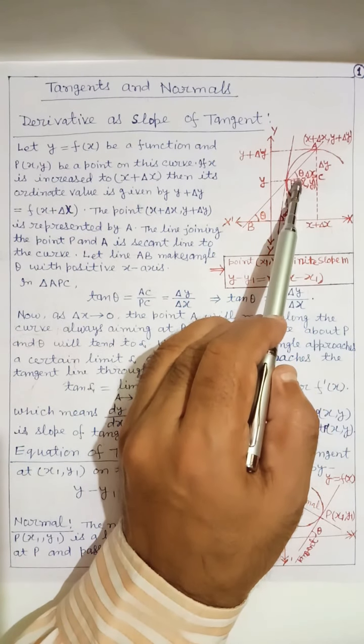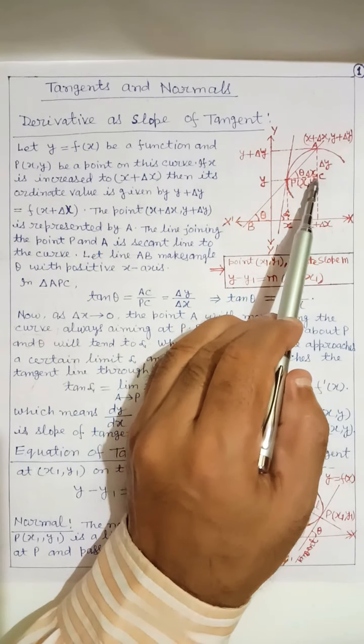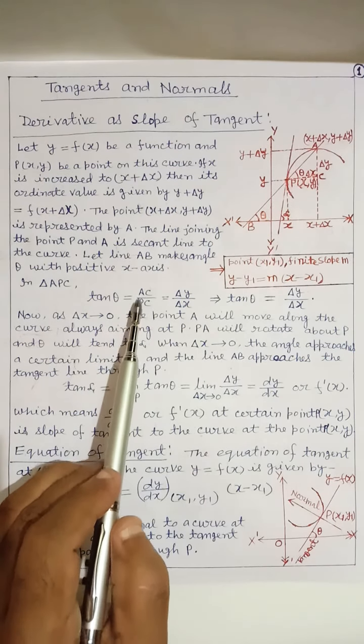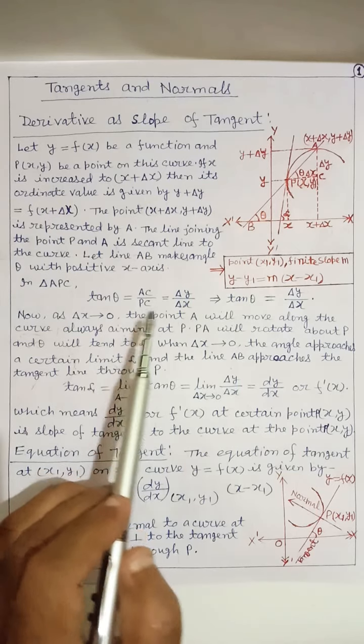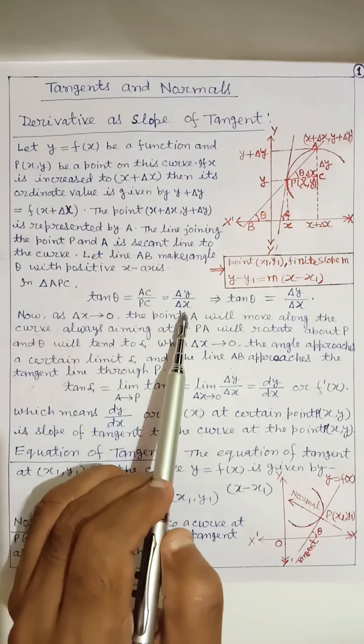Now we take triangle APC. Tan theta is equal to perpendicular by base, AC by PC, and this is equal to delta y by delta x.